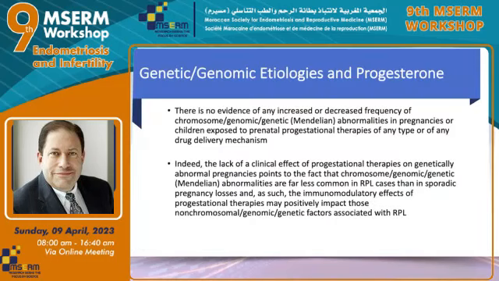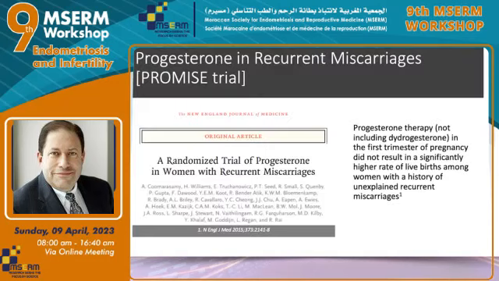So since we do not have evidence of any change in the frequency of genomic or chromosomal abnormalities in pregnancies, we can go forward and consider the use of progestational therapies in women who have recurrent pregnancy loss to potentially maintain early pregnancies that are likely to be successful and genetically, genomically, or chromosomally normal. Well, the best laid plans, as we all know, don't necessarily take hold.